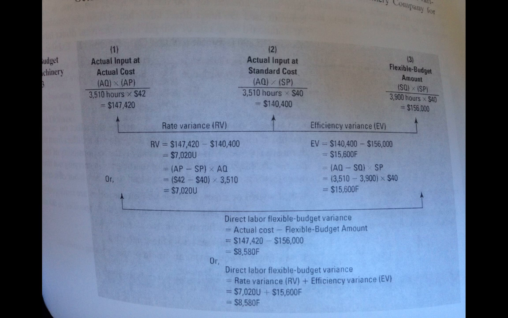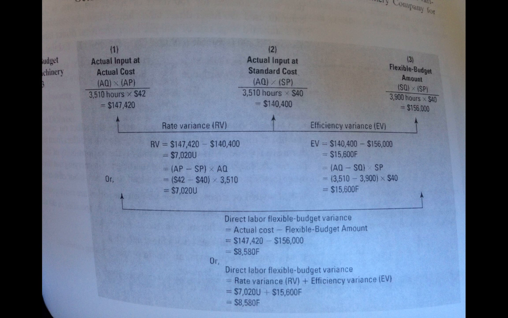Now here we see that, for example, there's a standard price for something. Now we're talking about labor here. And then there's labor hours. So for example, in our flexible budget here, with 3,900 hours at $40 an hour. Now, actual hours worked was 3,510, still at $40 an hour.